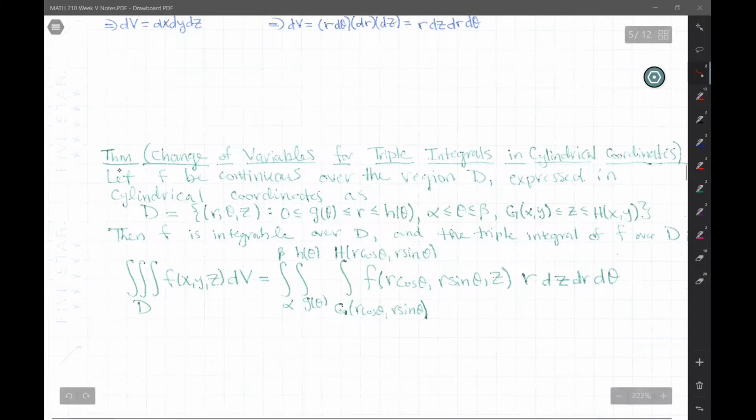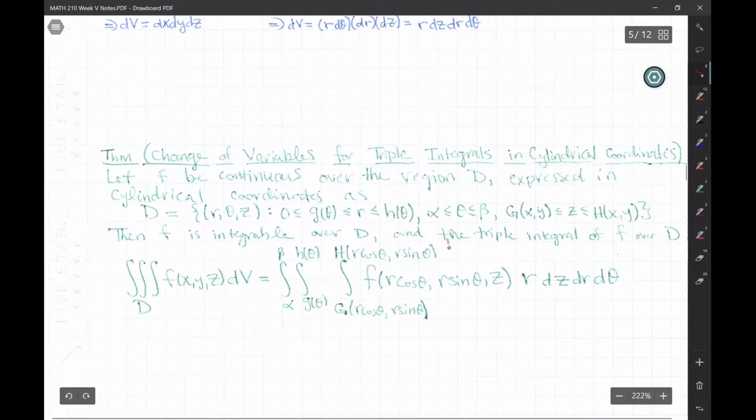So here we have the theorem for changing variables of triple integrals into cylindrical coordinates. And if we could describe our region of integration D in 3D space in this manner, so that z is bounded by surfaces that are functions of x, y, and that r may be bounded by functions of theta, and theta is between alpha and beta, then we could express our triple integral this way.